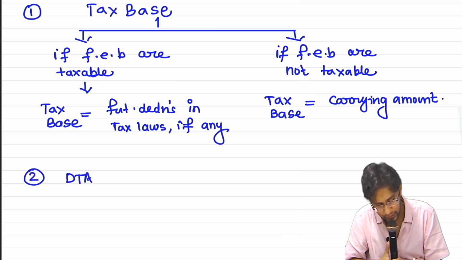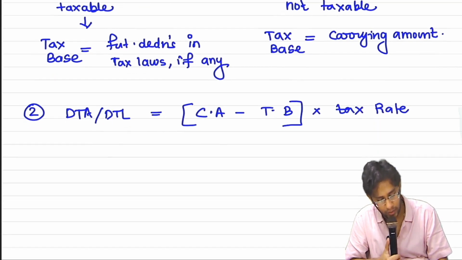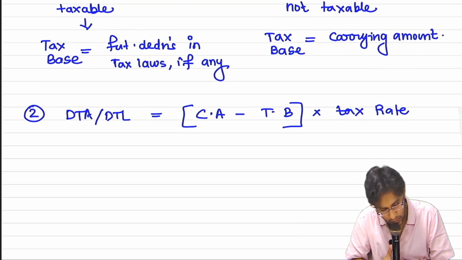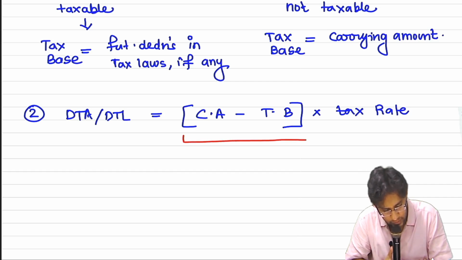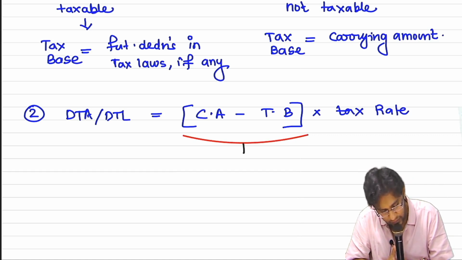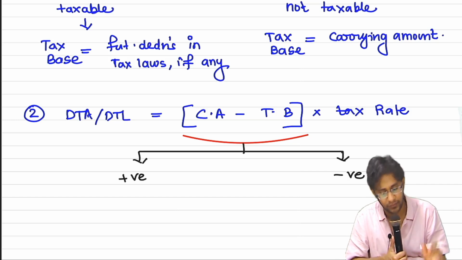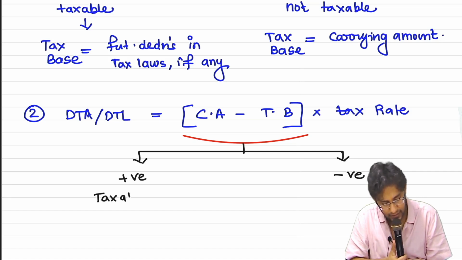Now, DTA or DTL, how will I know? DTA or DTL is equal to (carrying amount minus tax base) into tax rate. The difference in the box, you have to see whether this box is positive or negative. If it is positive, it is referred to as a taxable temporary difference, TTD.